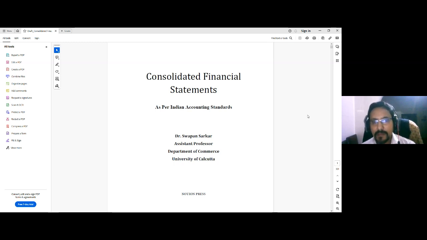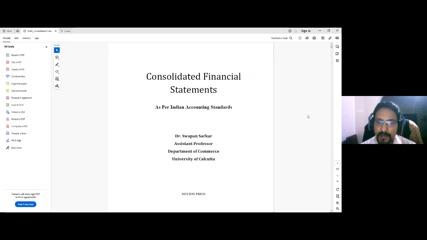However, in Corporate Financial Reporting, Paper 18, everything is based on Indian Accounting Standards, and there lies the importance of understanding this topic separately, because the methodology AS 21 follows for preparing the consolidated financial statement is totally different from the methodology adopted under Ind AS.